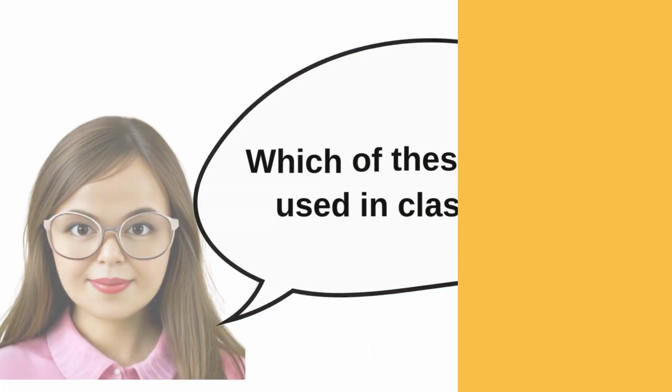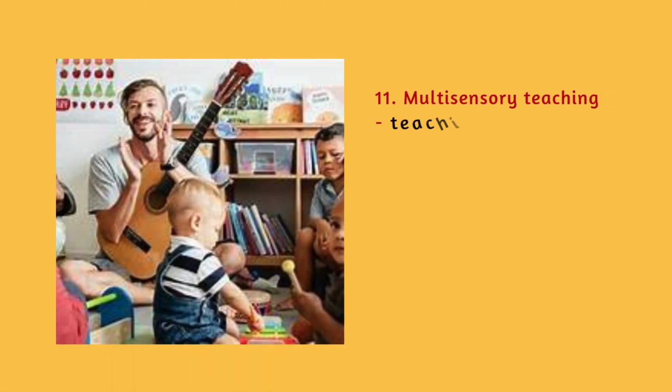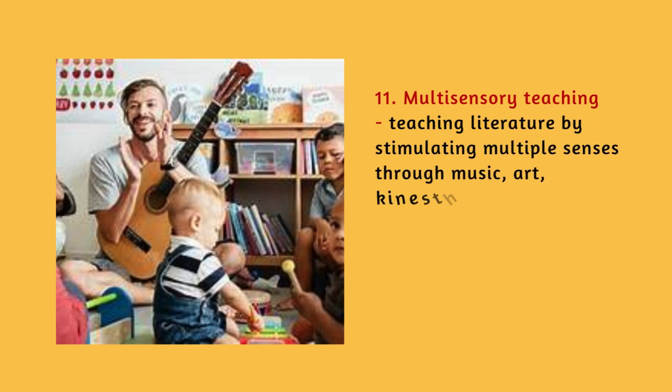Number 11, multisensory teaching. This method involves the teaching of literature by stimulating multiple senses through music, art, and kinesthetic activities. So, for example, if a teacher is telling or reading a story, he or she may also employ music or may even ask students to draw as she discusses or draw as she reads aloud or dance or do kinesthetic activities.